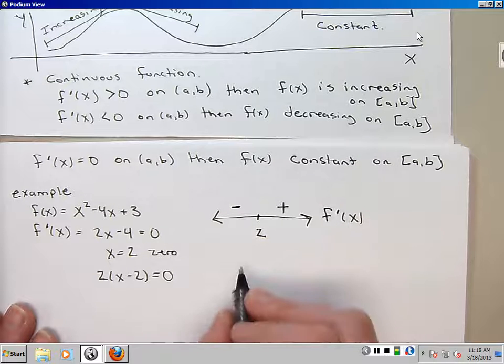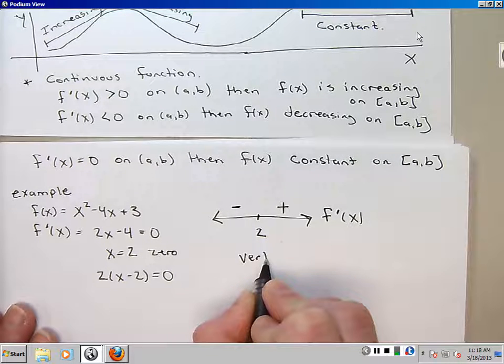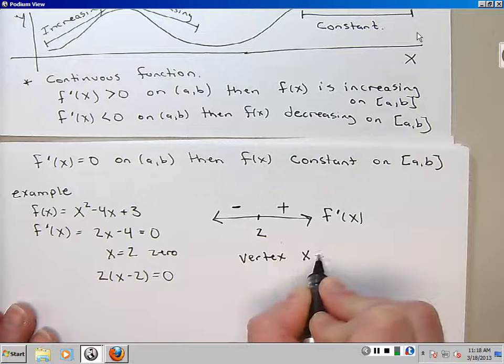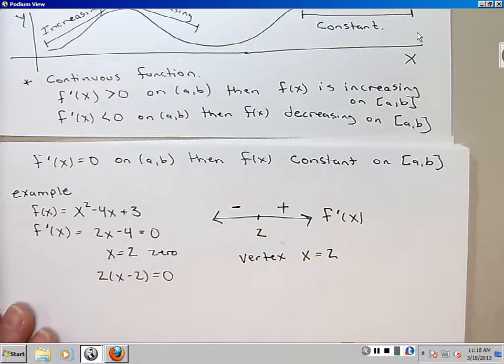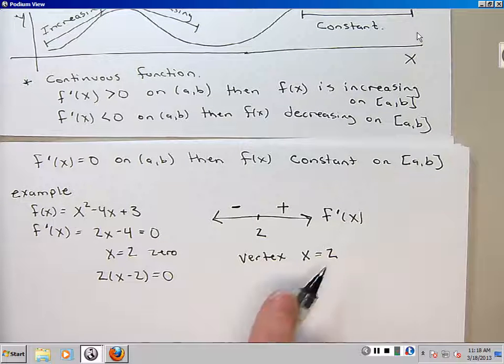This is known as the vertex of a quadratic. The vertex is at x equals 2. Once I have the vertex, I can find the x-intercepts and the y-intercept to get more information from the graph. But at this point, we don't need all the information. We just need the basic shape. The basic shape is a quadratic, and x equals 2 is my turnaround point.